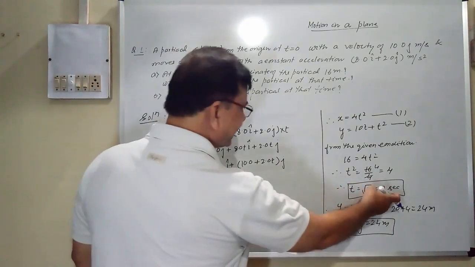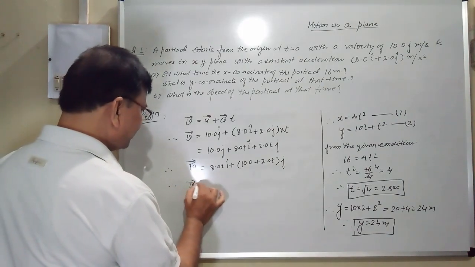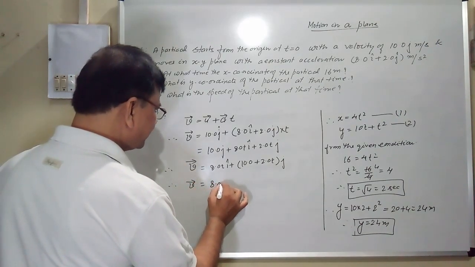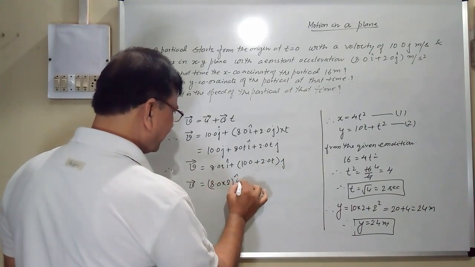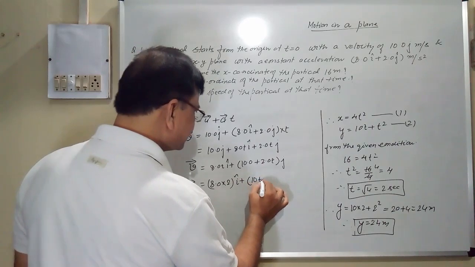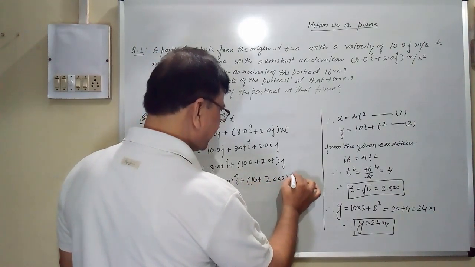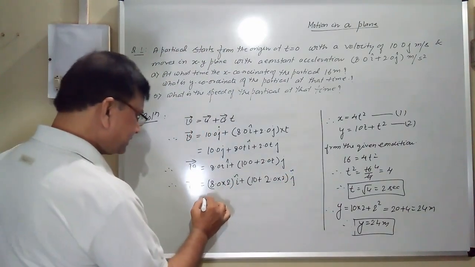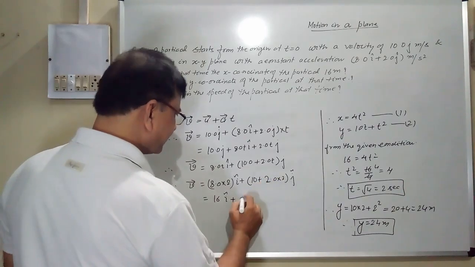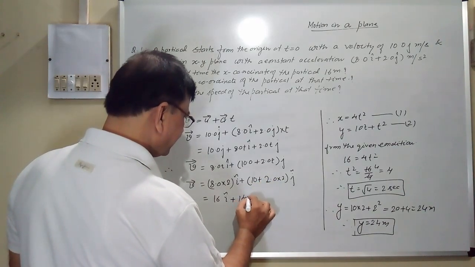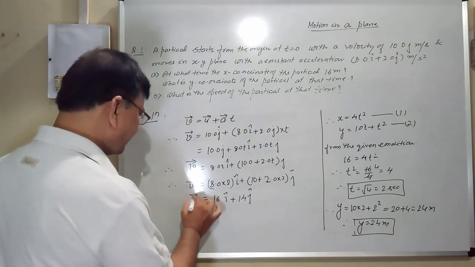So in 2 seconds, what will be the velocity? Therefore v is equal to 8.0 into t, t is 2 seconds, i plus 10 plus 2.0 into 2 j. So what is this? That is 16i plus 14j. 16i plus 14j, that is v vector.